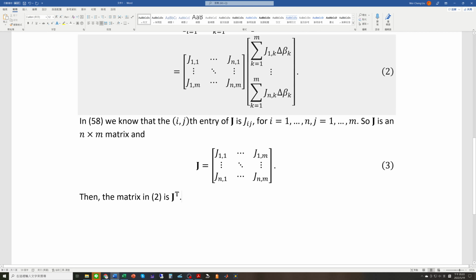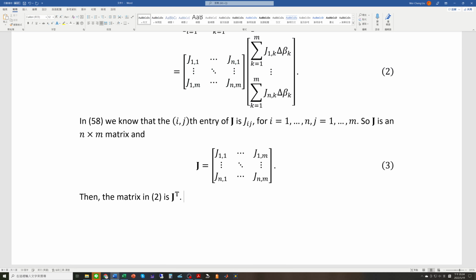Why? Because you can see that it's J11 to Jn1 and J1m to Jnm, and in this matrix Jn1 comes to here and J1m comes to here, so we can know that this matrix is J transpose.